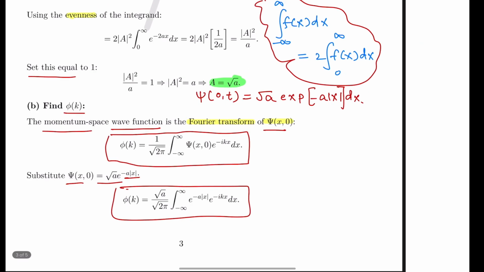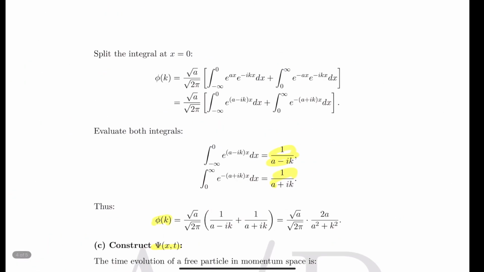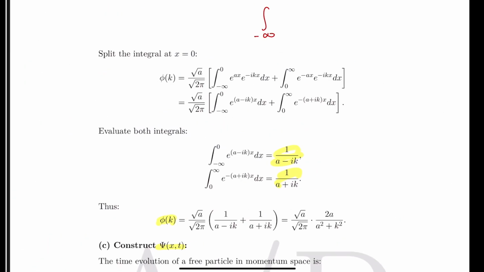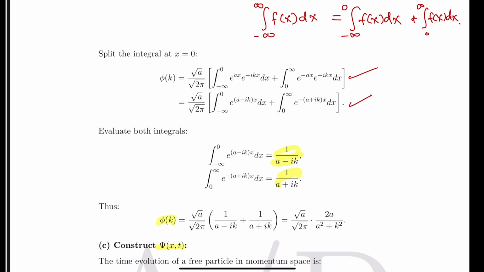Then you just do the simple mathematical manipulation. Right now this integration has the limits from minus infinity to plus infinity. Any function integrated from minus infinity to plus infinity can be broken down into minus infinity to 0 plus 0 to infinity. This will make our calculation a little bit easier.